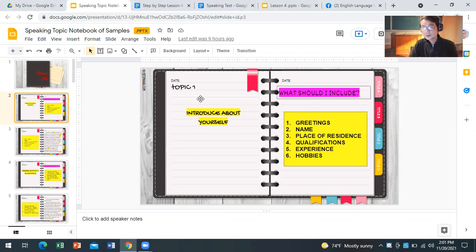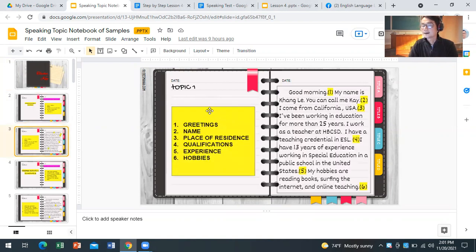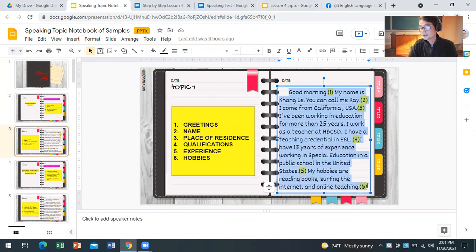Topic number one, introduction, right? So what do I need to include in my speaking? Name and place of residence, qualification, experience, hobbies. At least I list six of them in my speaking. And then I make sure that I include them in my speaking. So you see, I write the number 1 all the way to 6.